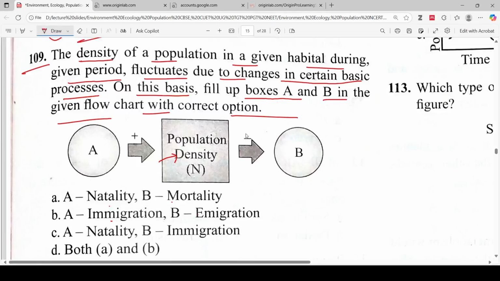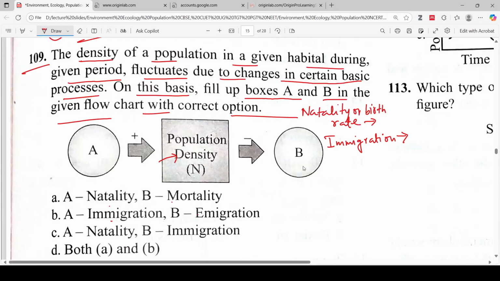So in a population, natality or birth rate increases the population density. Immigration also increases the population density.